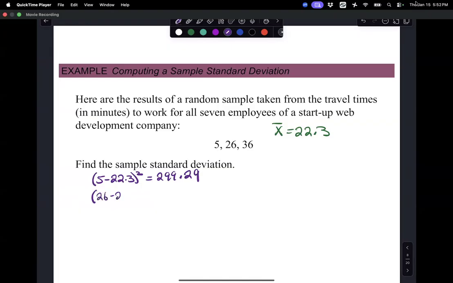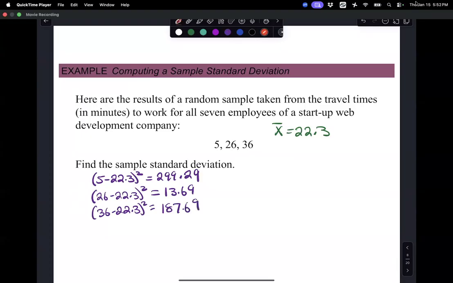26 minus 22.3 squared is 13.69. And 36 minus 22.3 squared is 187.69.